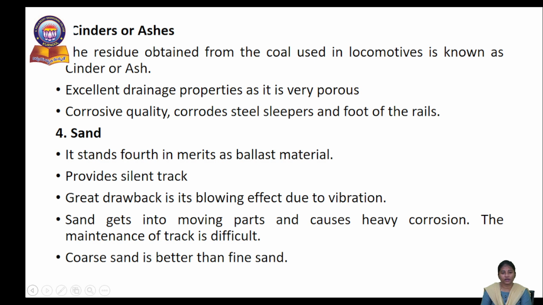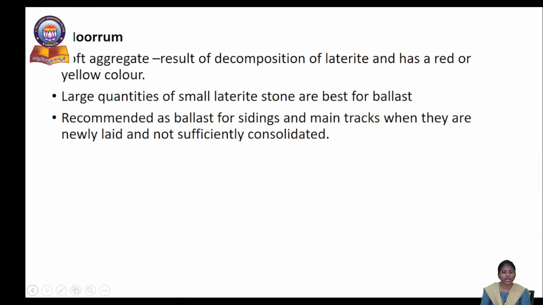Whenever the train moves at high speed, the sand material may blow off. Sand gets into moving parts and causes heavy corrosion, so maintenance of the track is difficult. Coarse sand is better than fine sand if you want to use sand as ballast material in the railway track.